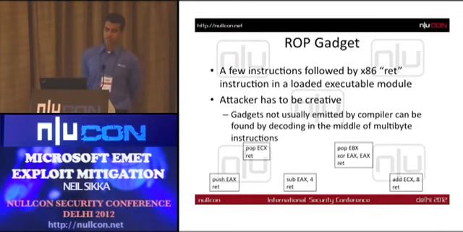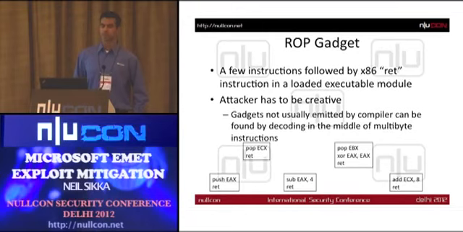So a ROP gadget is, like I said earlier, a few instructions followed by a ret instruction. So for example, as you can see, pop ECX; ret or sub EAX, 4; ret. Basically, the attacker can chain these together, and by the ret, return from one gadget to another in order to achieve their intention. Oftentimes, the attacker has to be creative in finding ROP gadgets because they sometimes need to use instructions that are not normally emitted by the compiler, such as pop ESP, which is not a very common one.